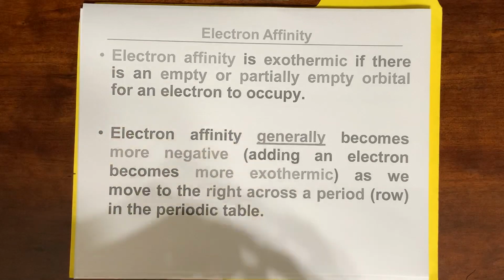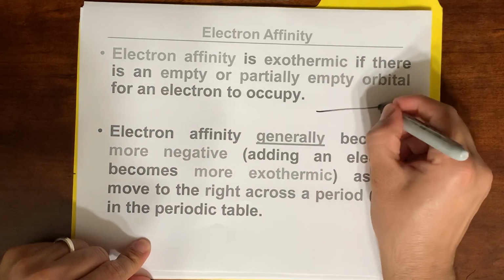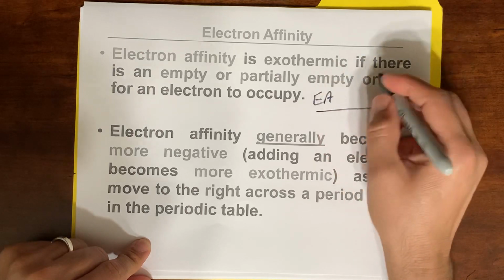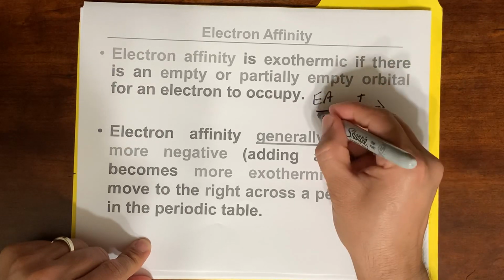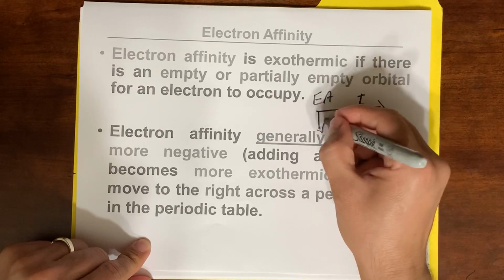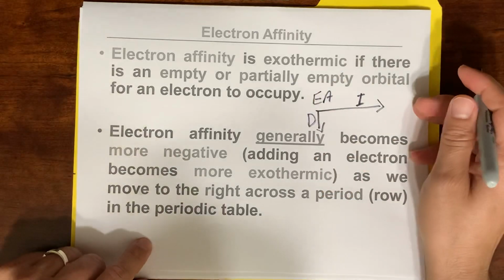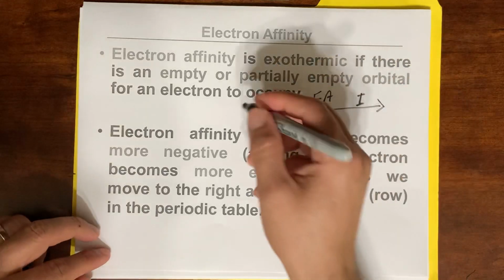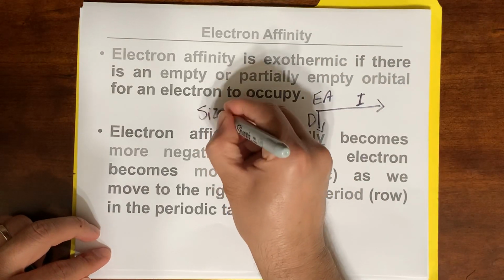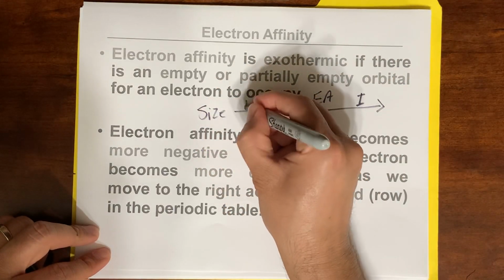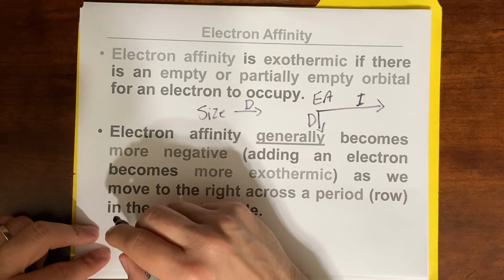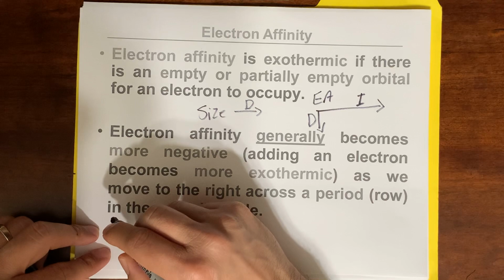So electron affinity increases to the right side, and decreases going one group down. So it's similar to the trend of size. For size, we said to the right side. Sorry, similar to actually ionization energy.